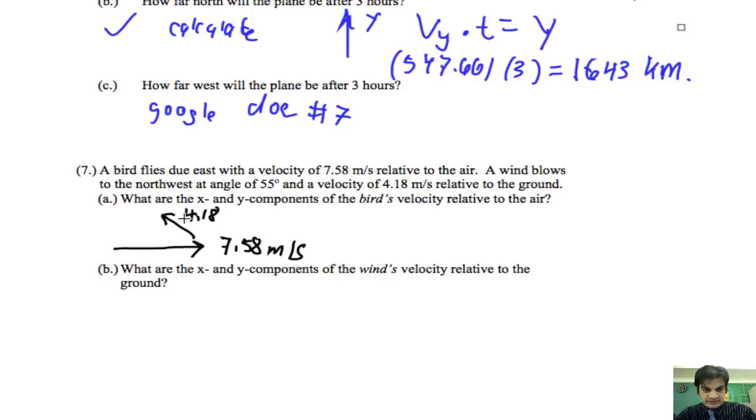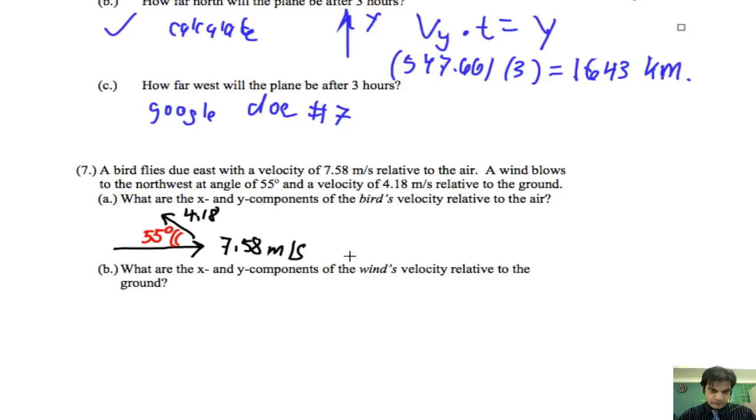Now, I'm not entirely sure, because when it says northwest at an angle of 55 degrees, we're going to make an assumption here, and I'm going to check this with the other physics teachers. I'm going to say this is 55 degrees. I'm not completely sure I have that right, but I am going to go ahead and do that.